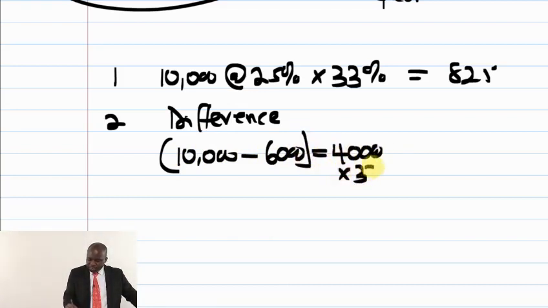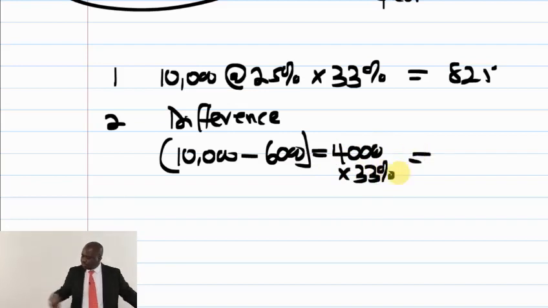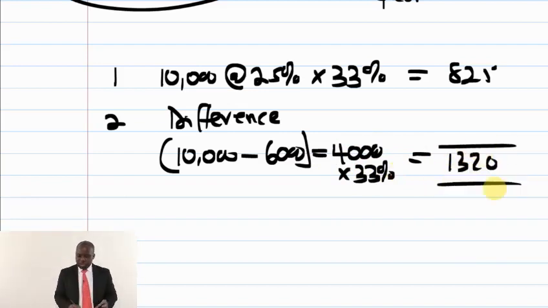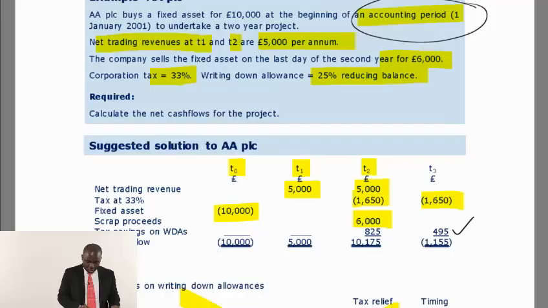And the benefit you get totally is 33%. So 4,000 times 0.33 is giving you 1,320. And if you have claimed 825 in year 1, then the remainder should be claimed in year 2, and that is 495. So that is what they did in your note for you.